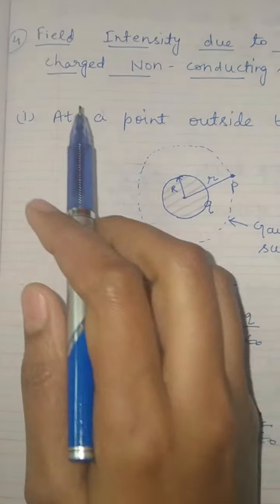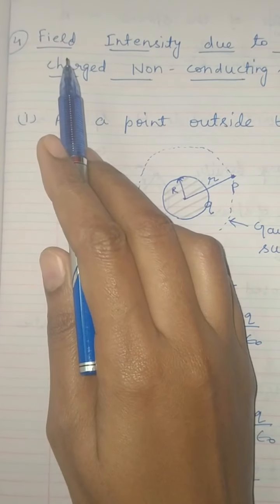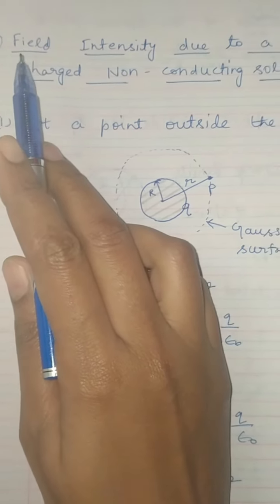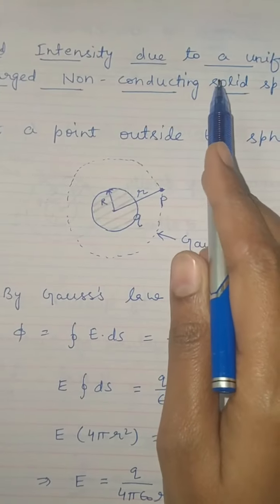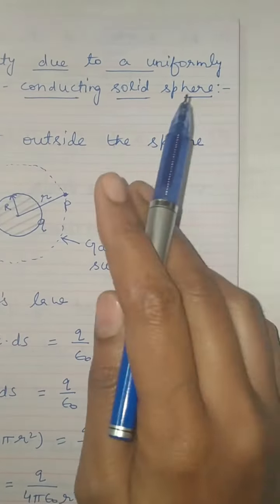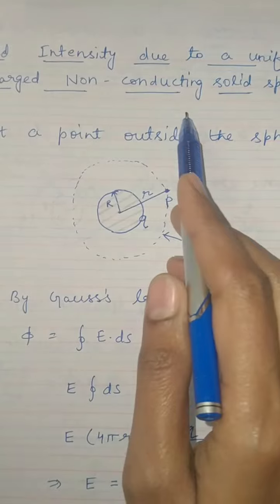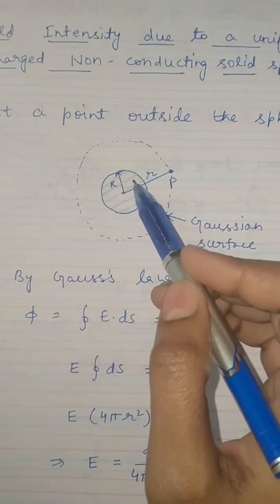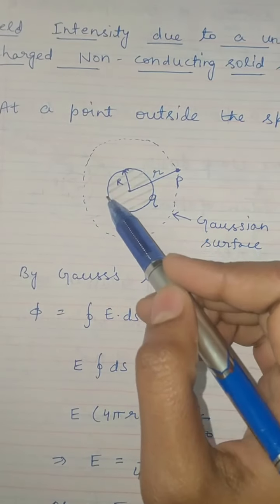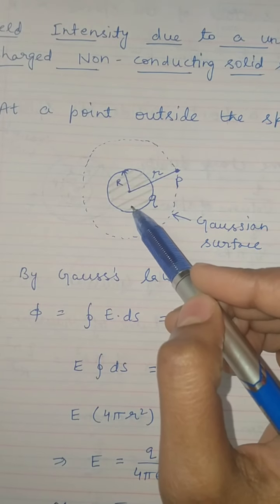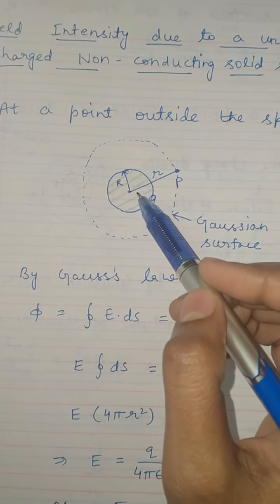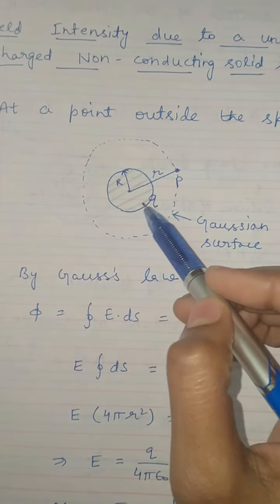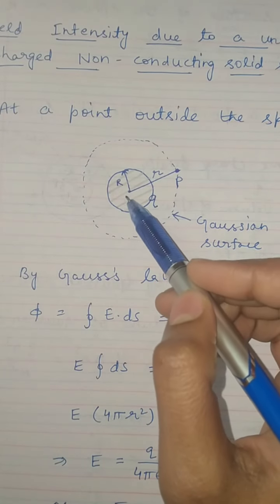Now, the next, fourth case is the calculation of electric field intensity due to a uniformly charged non-conducting solid sphere. So we are taking a sphere which is uniformly charged and we want to calculate the electric field due to this charged sphere.